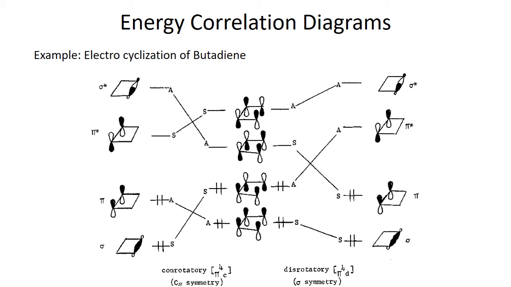So this one is symmetric with respect to C2 symmetry. So we can assign these symmetric or asymmetric labels to all these molecular orbitals, and then we can look at which kind of transformations or reactions are allowed and which are not allowed. This was all the basis that I want you to have a look at.